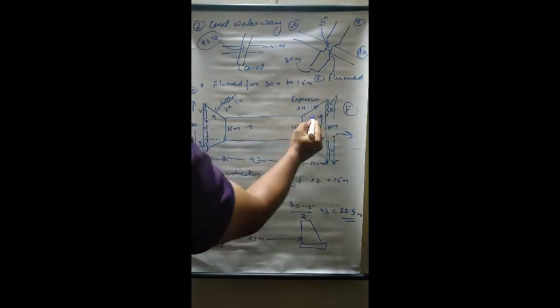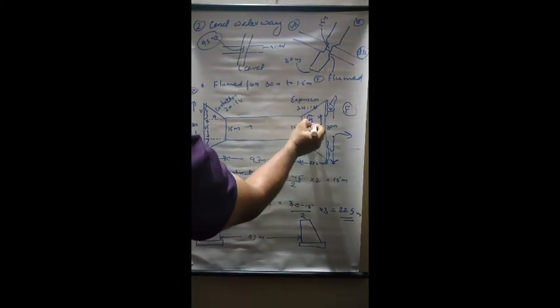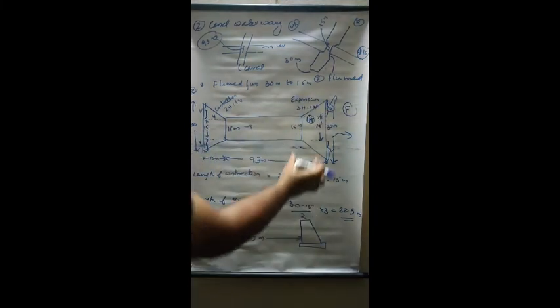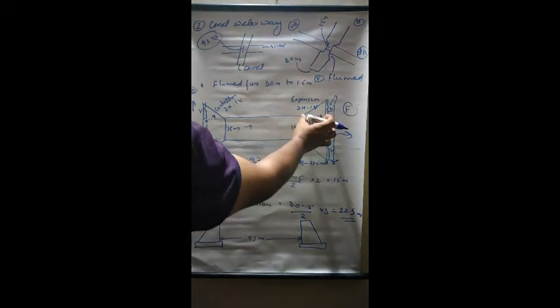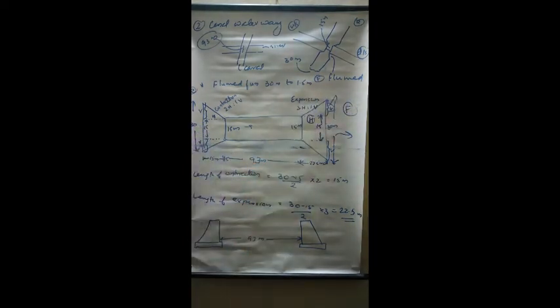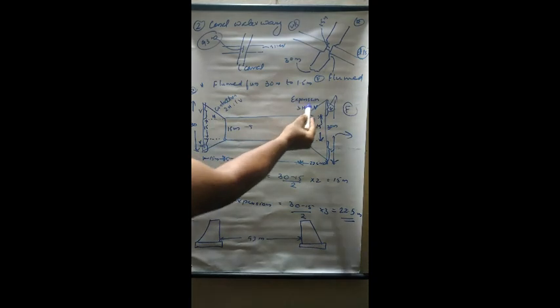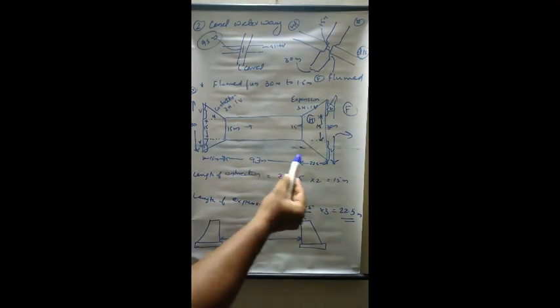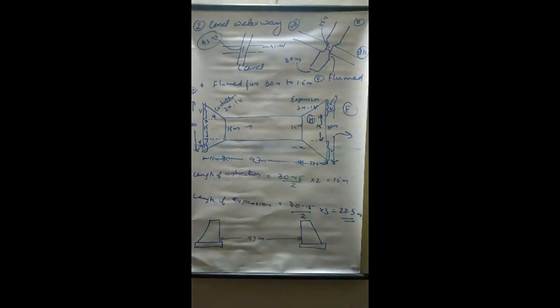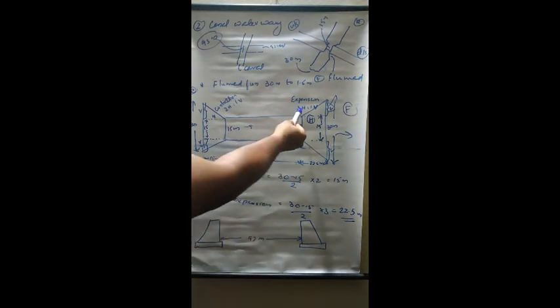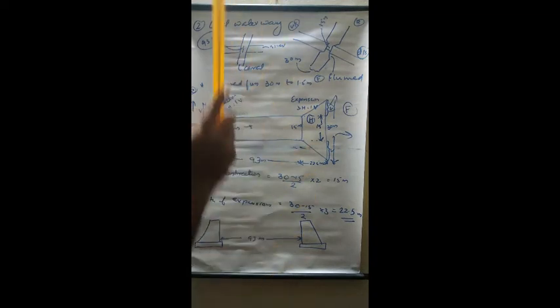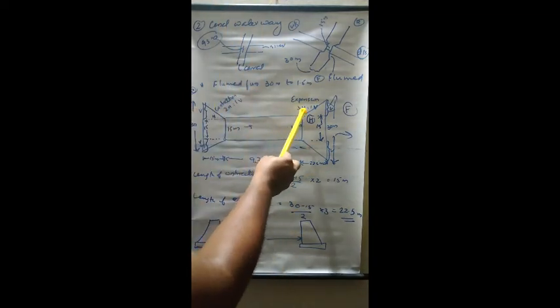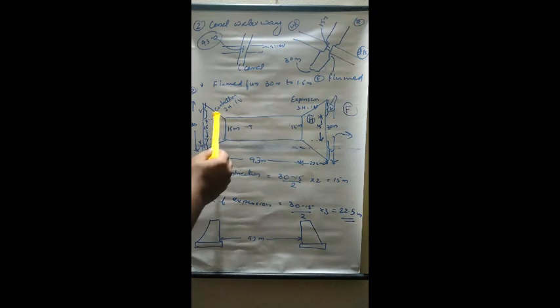Now we need to get the horizontal length. We know that the horizontal length is 3 times the vertical, because the ratio taken for expansion is 3 horizontal to 1 vertical. It is given. If it is given in the question, we take whatever value is given in the question, or if it is not given, take expansion as 3 horizontal to 1 vertical, and contraction as 2 horizontal to 1 vertical.